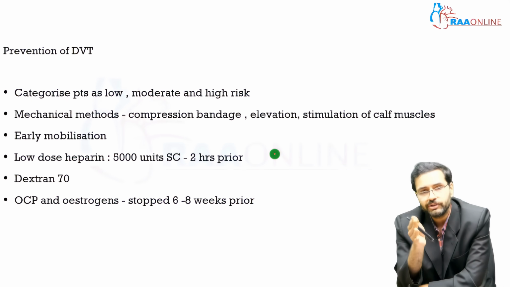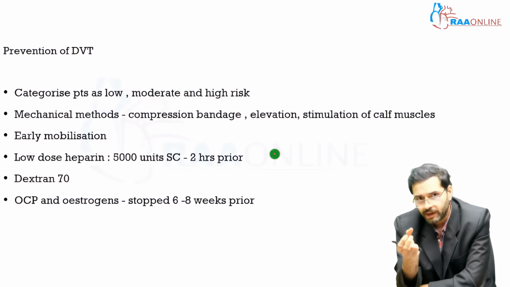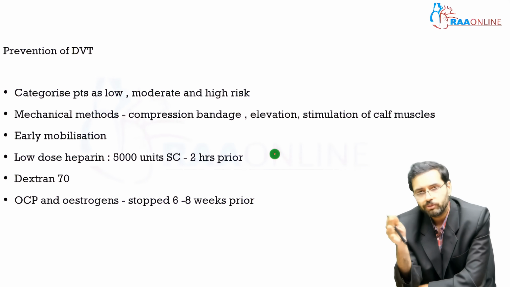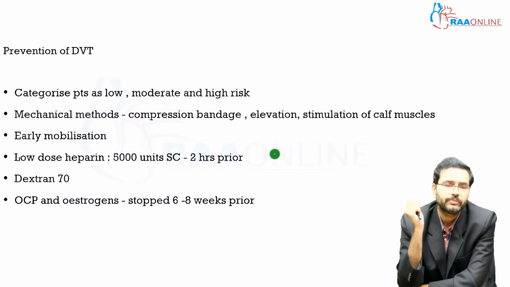So prior to the procedure, you can give heparin 5,000 international units 2 hours prior to it. During the procedure, we can give compression bandage or pneumatic compression of the calf muscles. Post procedure, again compression bandage can be continued, the limb can be kept elevated, or there can be stimulation of the calf muscles.